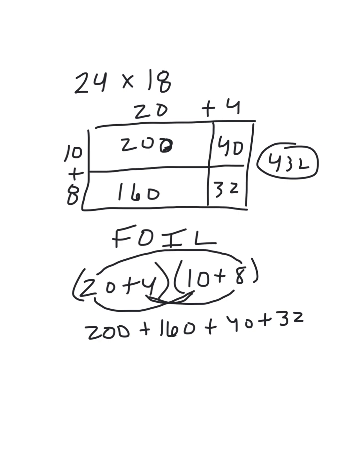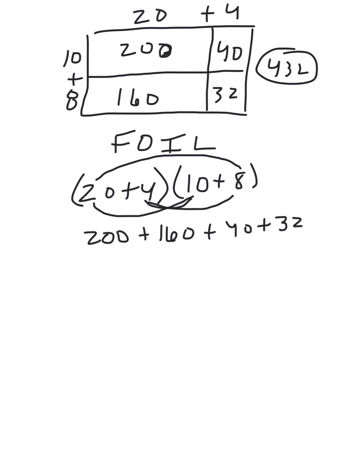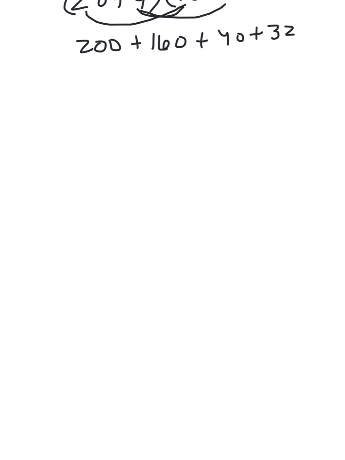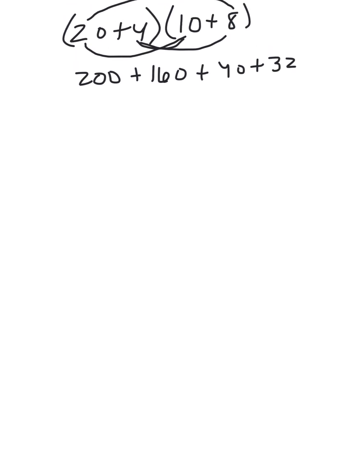Now, what if we said, well, that's great, I'd love to use partial products. Well, again, the numbers don't change. We're still looking at 24 times 18. The difference is finding which numbers are more friendly.